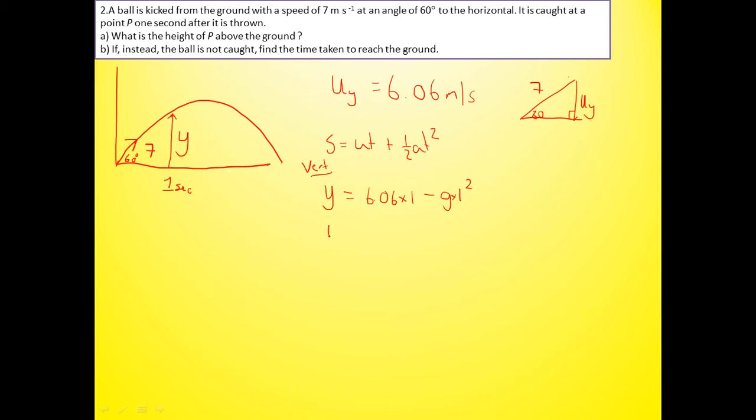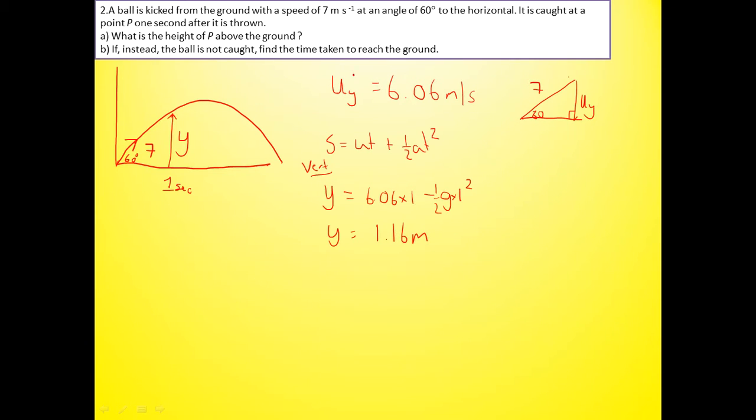So we end up getting that y is equal to 6.06 minus 9.8. Oh, I forgot to half it. So 6.06 minus 4.9, which gives us 1.16. 1.16 meters is where it is caught.